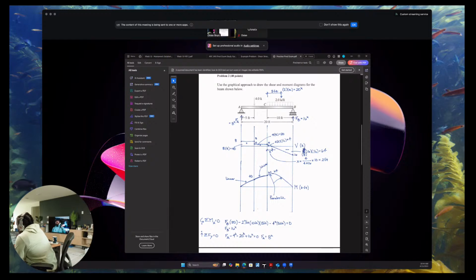Okay, so 40. So what we're doing is, I think I understand what we're doing to graph this. We're going from 0 to 1, 2, 3, 4, 5.